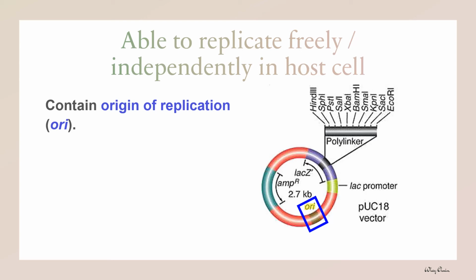Like what we have studied in chapter 5, for eukaryotic cell, the ORI is important to be recognized by helicase to start the unwinding for the DNA replication. So for bacterial cell, they have the plasmid, and the plasmid has the ORI, which is very important to give instruction for the plasmid to start the DNA replication independently in the host cell.